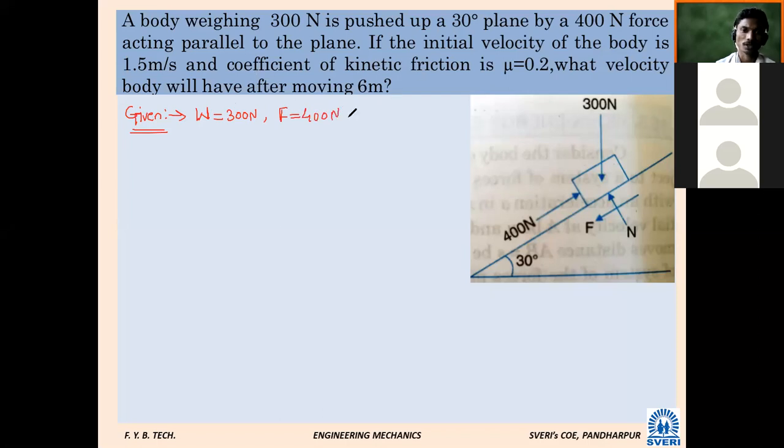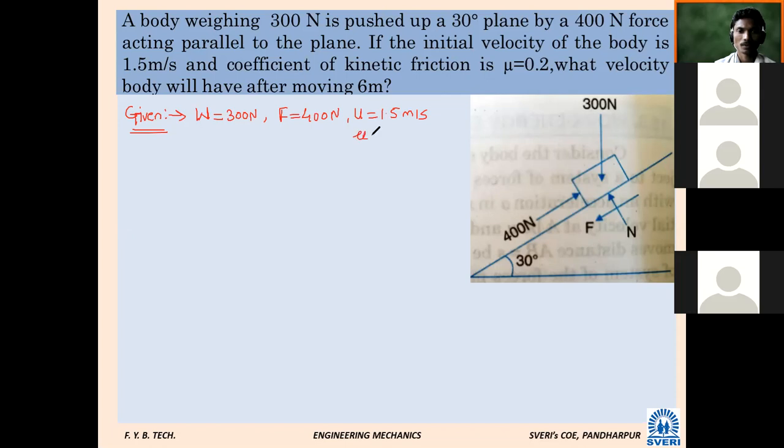If the initial velocity is given, U is 1.5 meter per second. Again, what is given? Mu is 0.2.